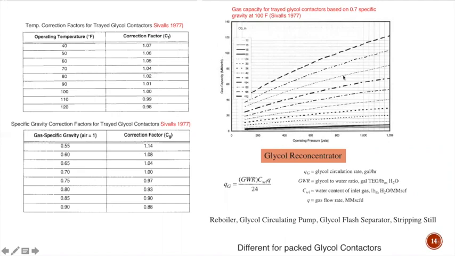However, this chart is given for a specific gravity of gas of 0.7 and a temperature of 100 Fahrenheit. So this is not always the case that the gas which is coming in is of 0.7 specific gravity and is always at 100 Fahrenheit. So we have to do the correction, right? A correction for specific gravity and a correction for temperature.